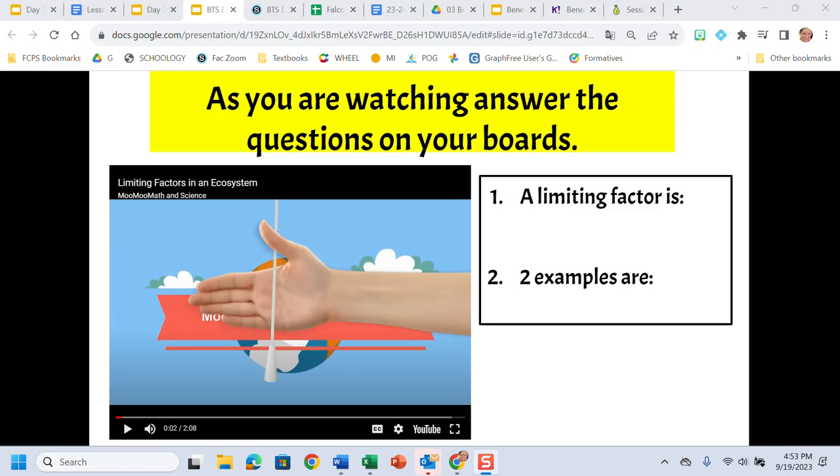All right, so if all went well, you were able to listen to that video and hear the sound as it played. If not, please go into Schoology and click on the link so that you can go through that video. So now you're going to consider, what is a limiting factor? A limiting factor is any factor that's going to reduce a population's ability to grow and reproduce.